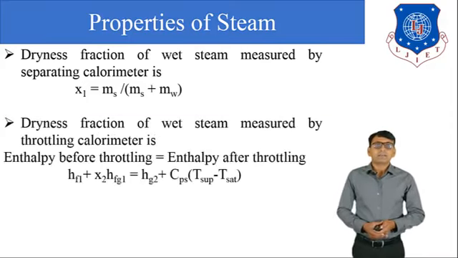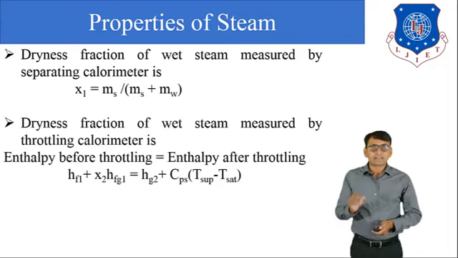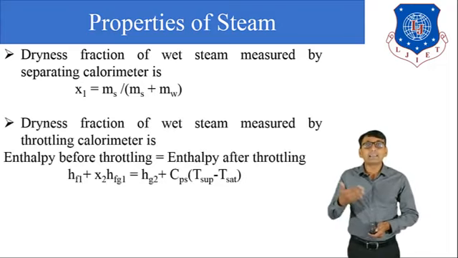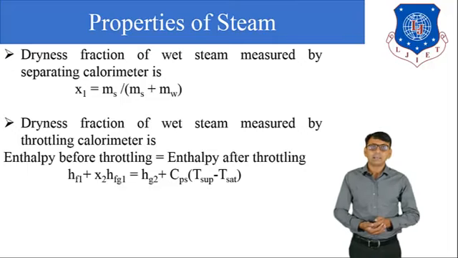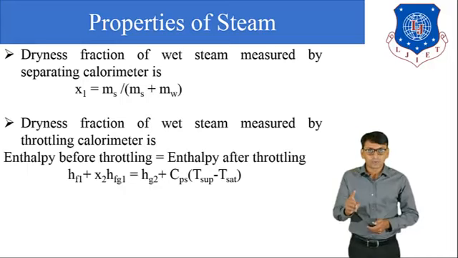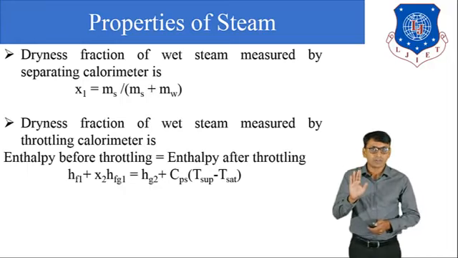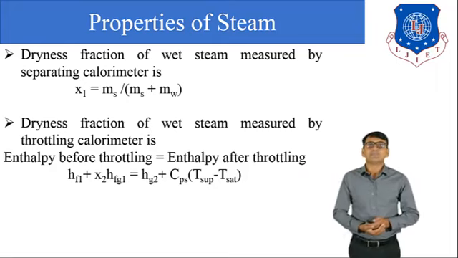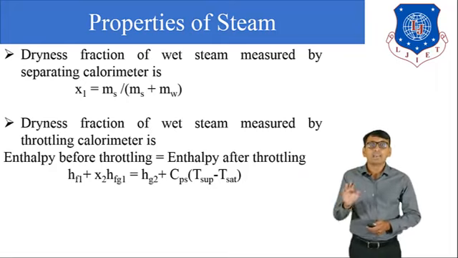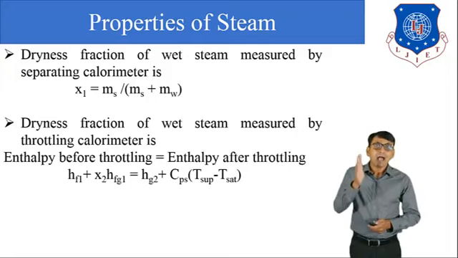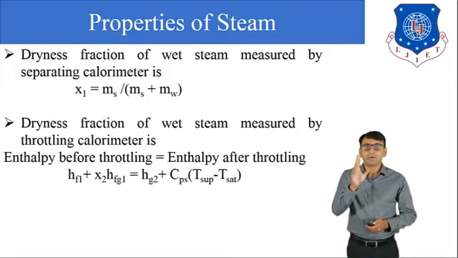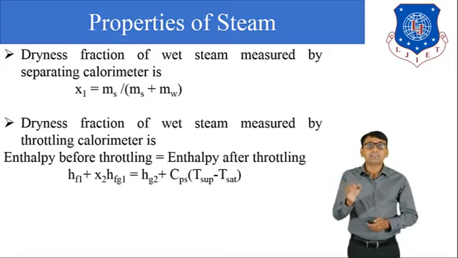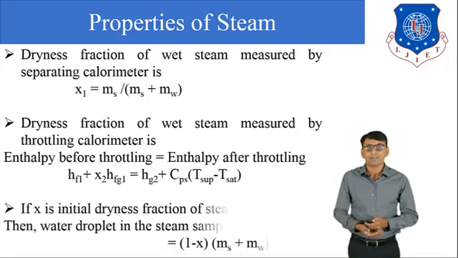Second step, the dryness fraction of wet steam measured by the throttling calorimeter: enthalpy before throttling is equal to enthalpy after throttling, because in the throttling process enthalpy remains constant. Before throttling there is wet steam, so hf1 plus x2 hfg1 is equal to, after throttling where there is superheated steam, hg2 plus Cps times (T superheated minus T saturated).